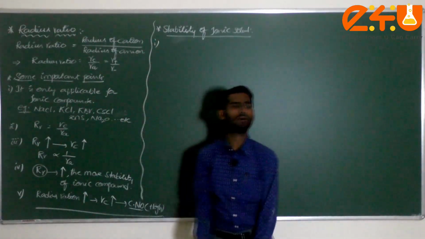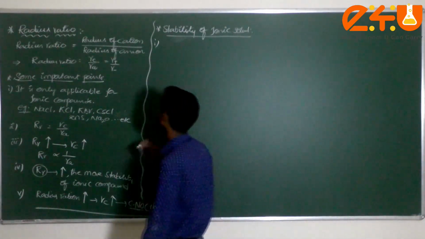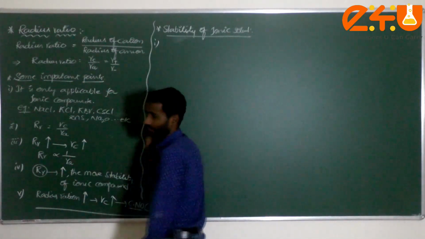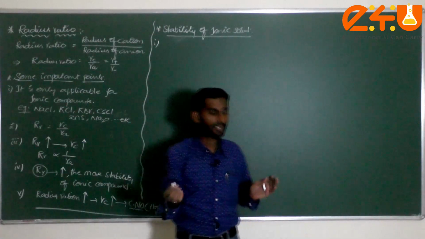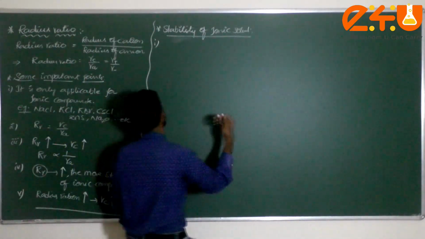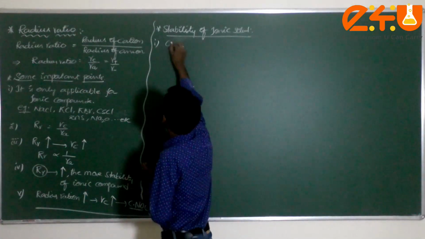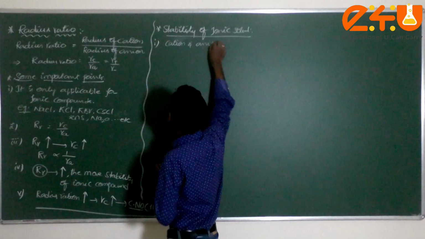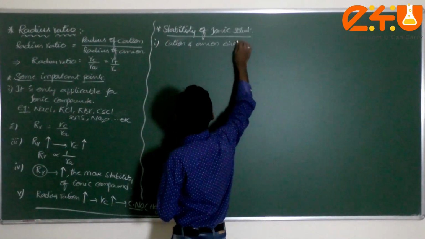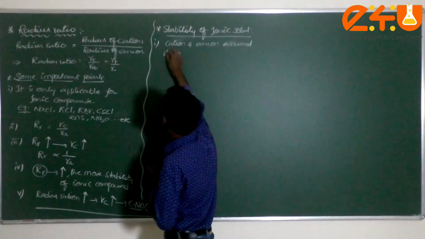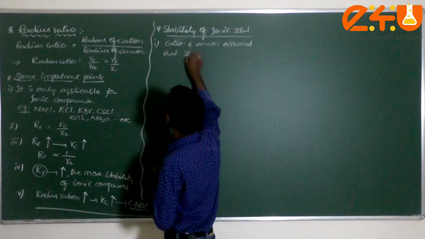Now the size of the cation, or else generally we can write here, the cations and anions are assumed to have a spherical structure.